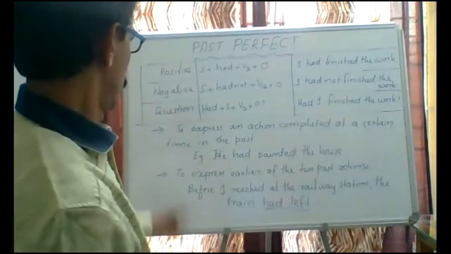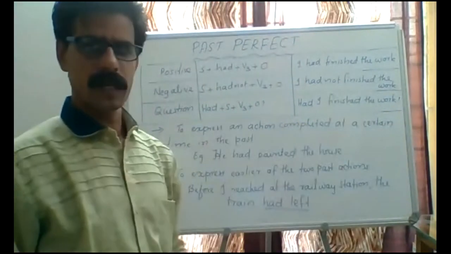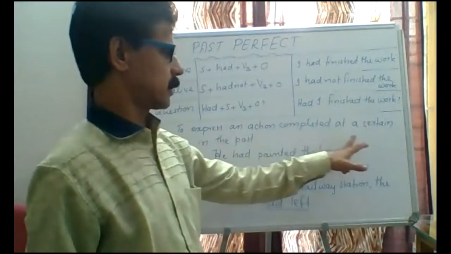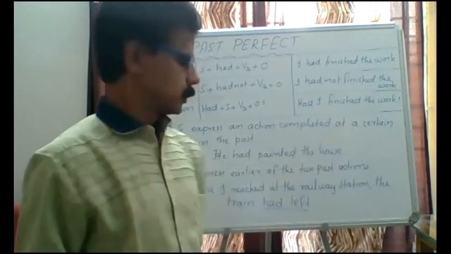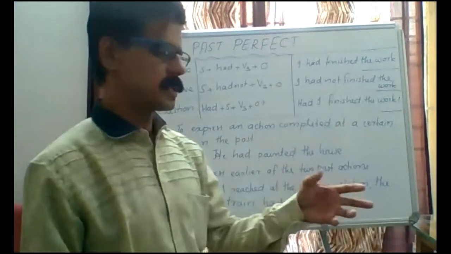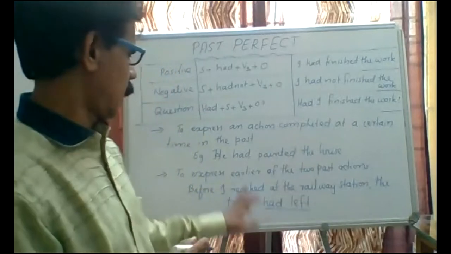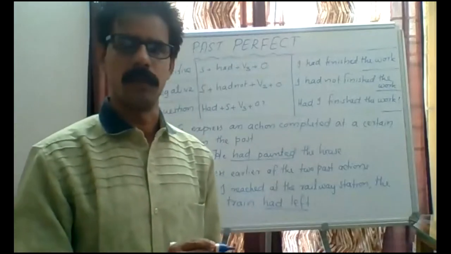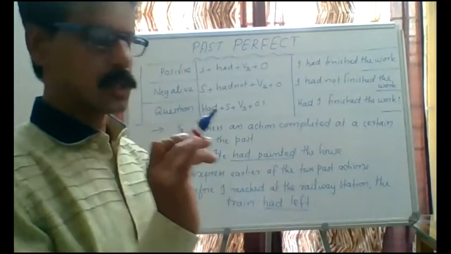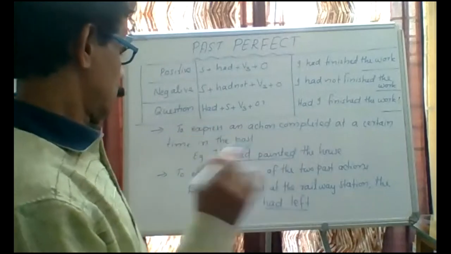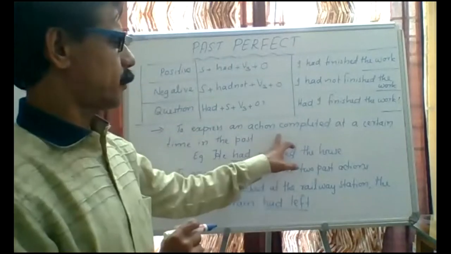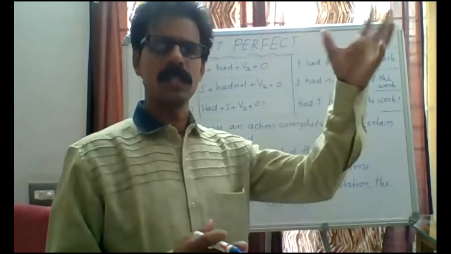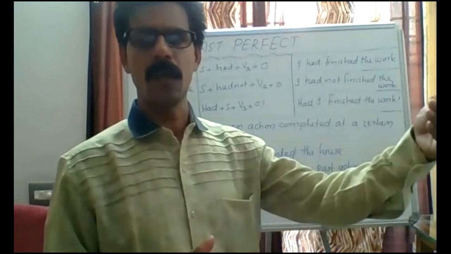So what are the uses of past perfect tense? To express an action completed at a certain time in the past. See the example: he had painted the house. Had painted is the verb; painted is the third form of the verb. Another use: to express completed past actions for a certain period of time.